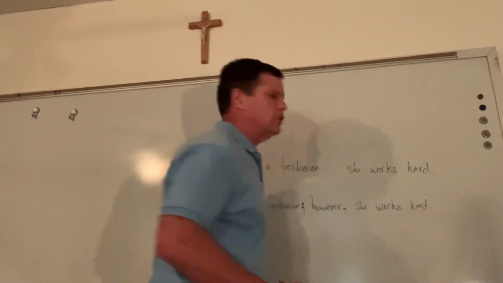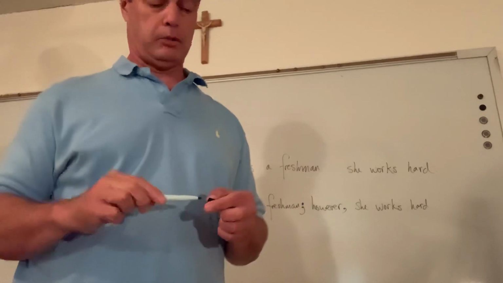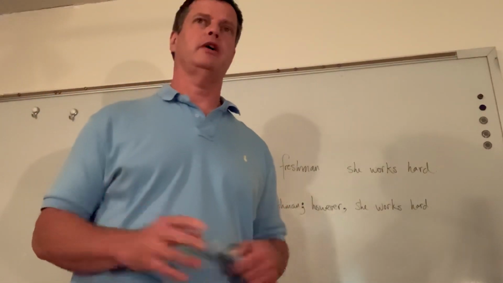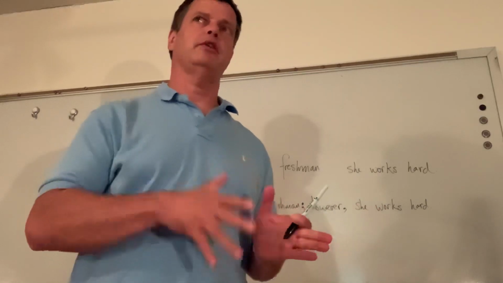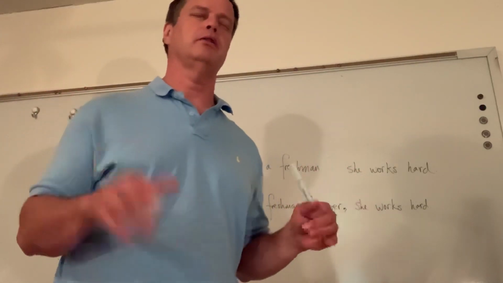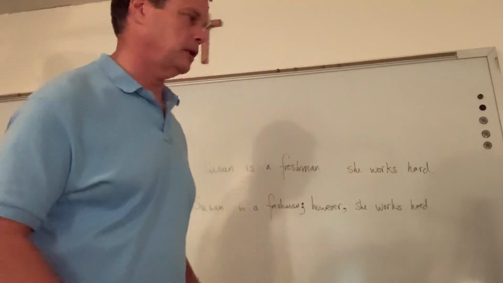By the way, please notice I'm talking about joining two independent clauses. I'm not talking about a sentence like, I, however, was tired. You don't say I, semicolon, however, was tired, because we don't have two independent clauses. I is not an independent clause, and was tired is not an independent clause.